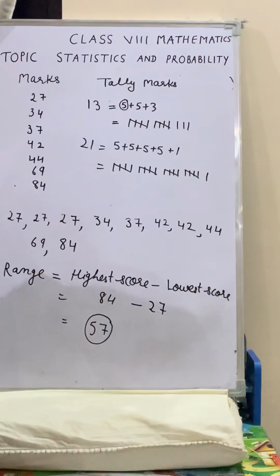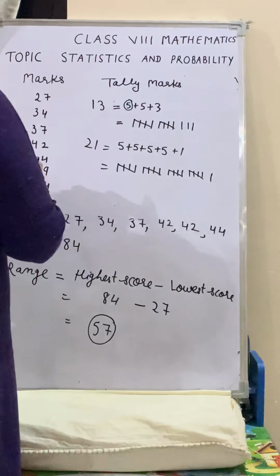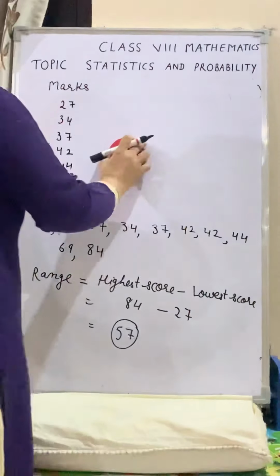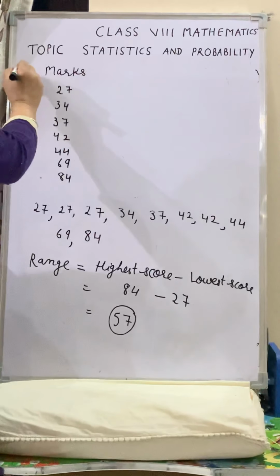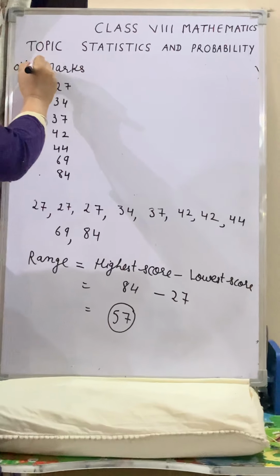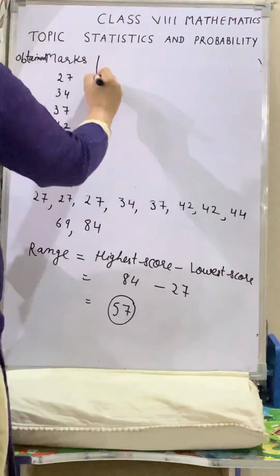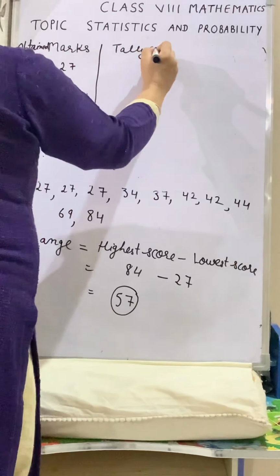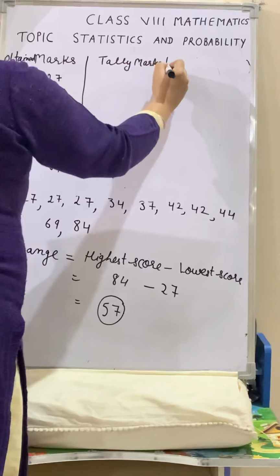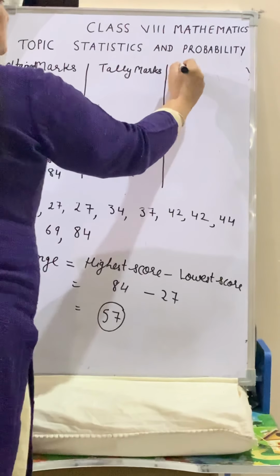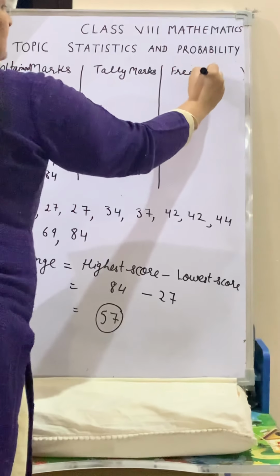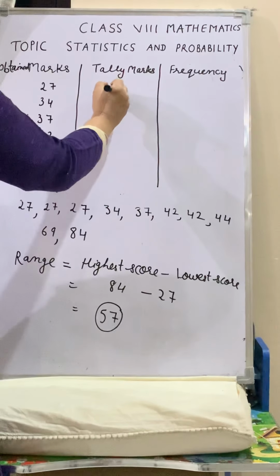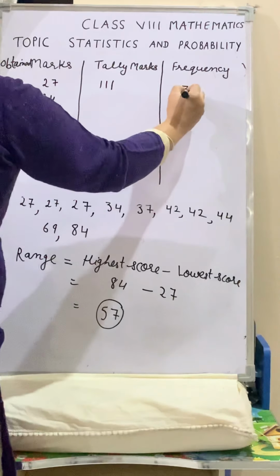When we arrange the data in tabular form or frequency distribution using tally marks, first of all we write obtained marks, then we will write tally marks, and last we will write number of students or frequency. 27, 3 times: tally marks 3, and we will write frequency.